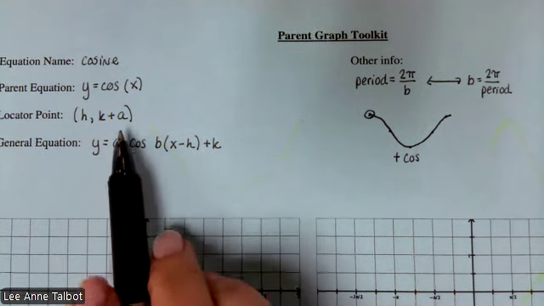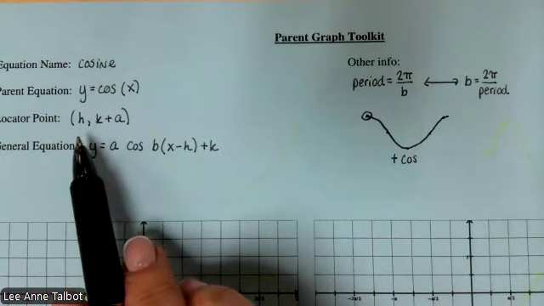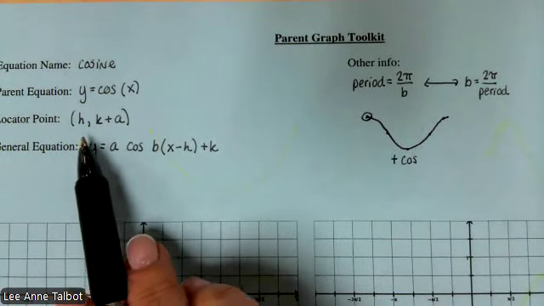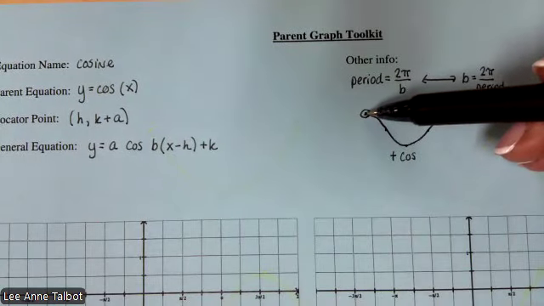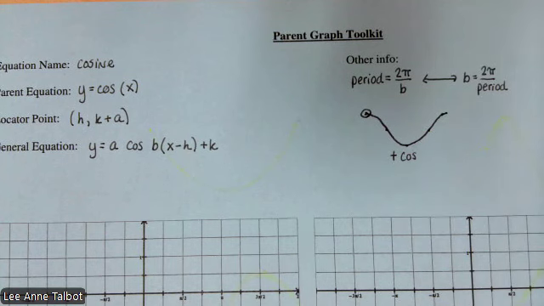And if you were wondering why the locator point is not just H, K, what you do is you add the A to get it to the top of the wave. So that plus A will get you up to the top, or will get you to the bottom for negative cosine.